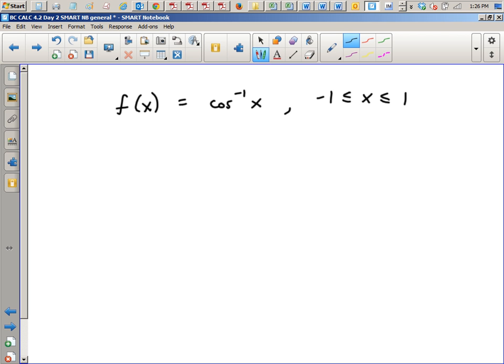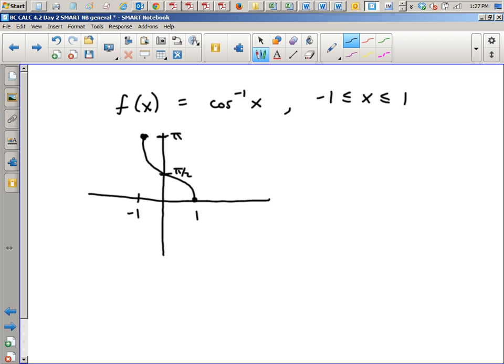Okay, so you might remember what this graph looks like. You might not. But the inverse cosine graph looks something like this. It actually is completely restricted between -1 and 1 anyway. This is just an old pre-calc graph. You just probably haven't seen it in a long time. And this is up here at pi, and this is at pi over 2.